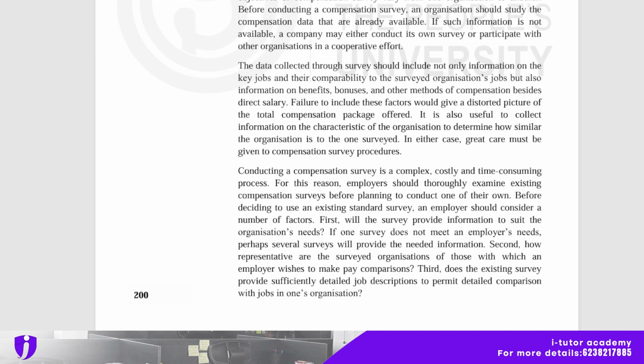First, will the survey provide information to suit the organization's needs? If one survey does not meet an employer's needs, perhaps several surveys will provide the needed information. And second, how representative are the surveyed organizations of those with which an employer wishes to make pay comparison?